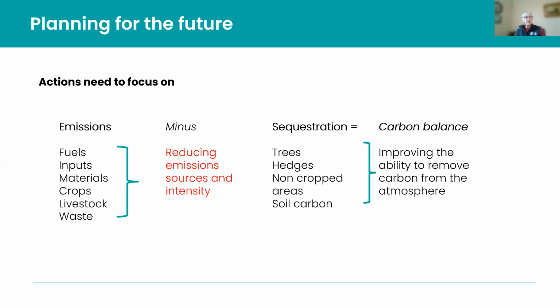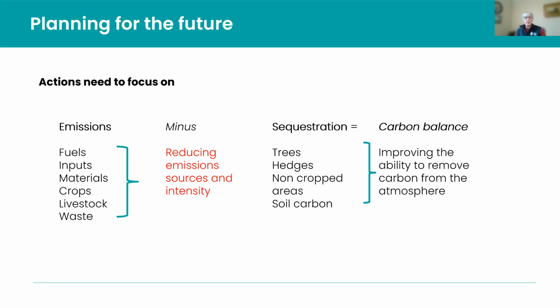And then in terms of planning for the future, these really are the building blocks of any farm business. The emissions here on the left-hand side, I've literally just listed the sources of emissions. So yes, it's fuels, it's inputs, fertilizers, chemicals, feeds, it's materials, things like concrete, machinery, all these things.